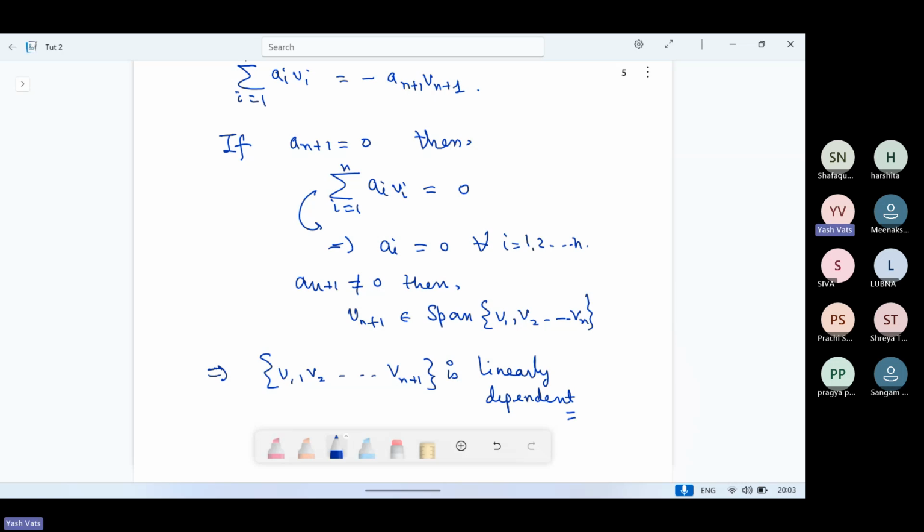So you know the basis is basically the smallest linearly independent set, meaning it's the smallest subset of a vector space which is linearly independent. If you add any other vector, then it becomes linearly dependent. But it will span, of course, the vector space.